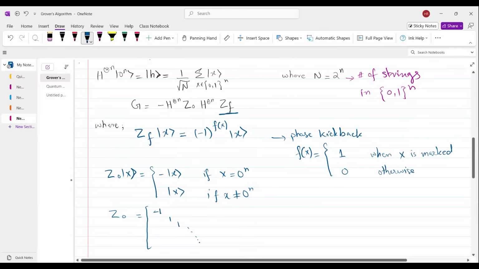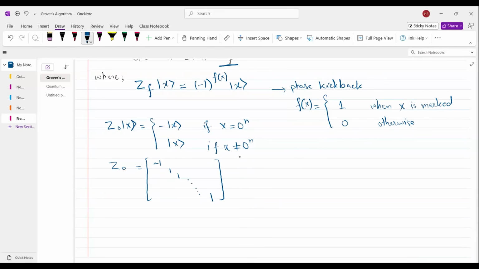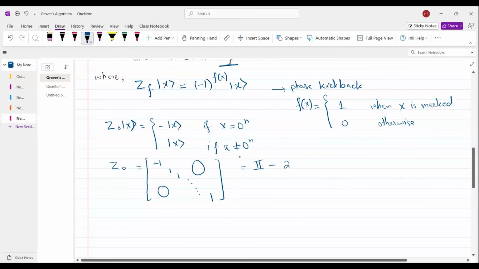So on the diagonal entries we have 1, and all the off-diagonal entries are equal to 0. Essentially it means that we have the identity matrix minus 2 times the zero operator. So here's a very nice representation of Z naught.